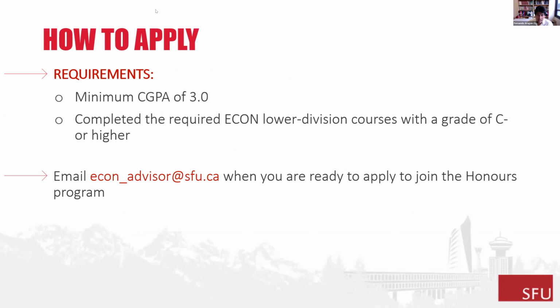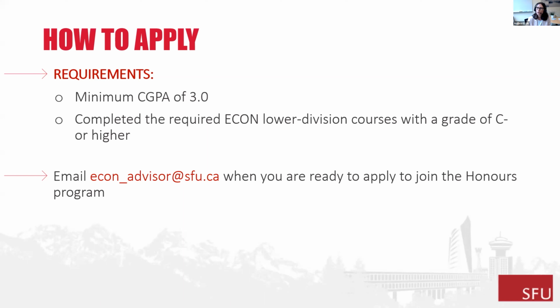You need a minimum cumulative GPA of 3.0, and you need to have completed certain required lower divisions with a C-. Anthea, can you develop this a little bit more? Absolutely. A lot of you may know, perhaps a lot of you are already in the econ major, that you needed a 2.6 to declare, and you need to complete Econ 201.